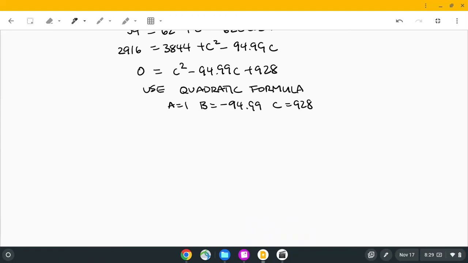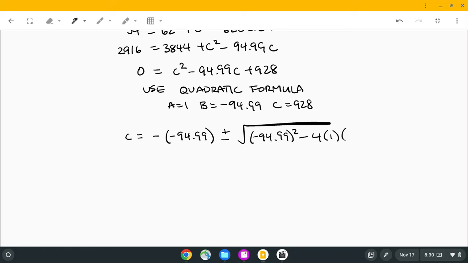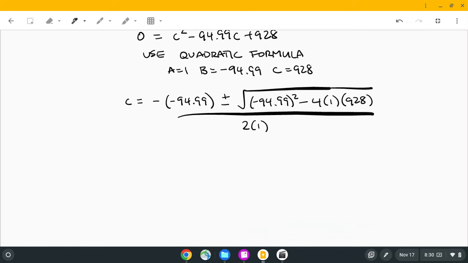All right, so little c equals negative b plus minus the square root of b squared minus 4ac all over 2a.